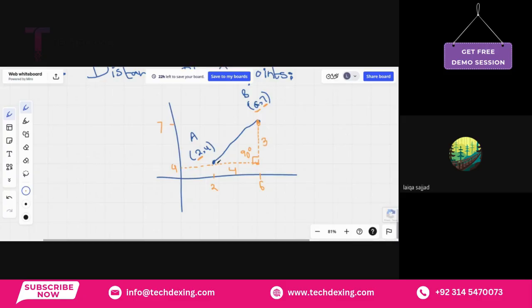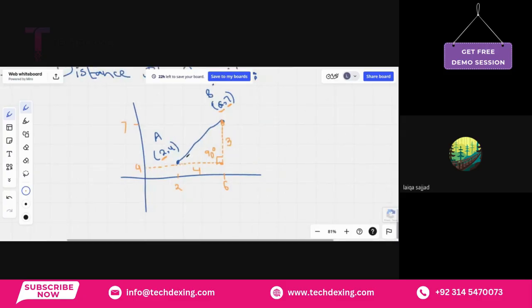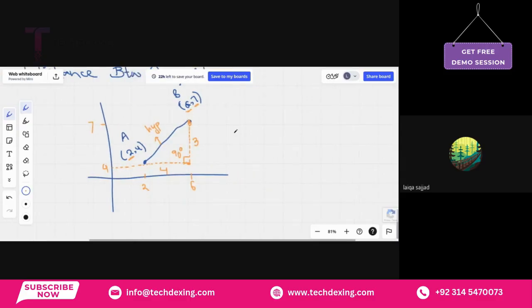So if we look at the diagram, we can see this is a right angle triangle. Now we have got the values for both the sides of the triangle, and we want to find this side. This side is simply the hypotenuse, and since this is a right angle triangle, we can apply the Pythagoras theorem.